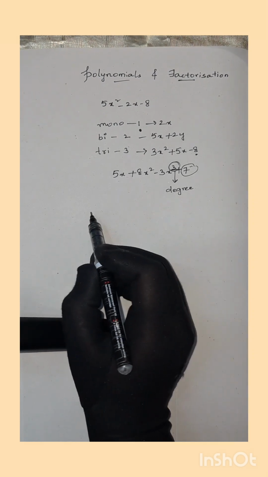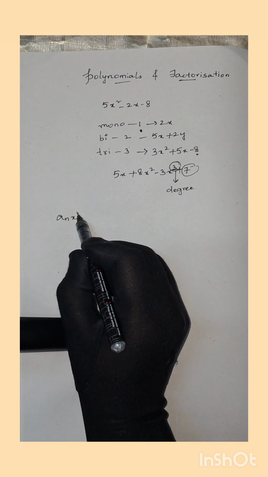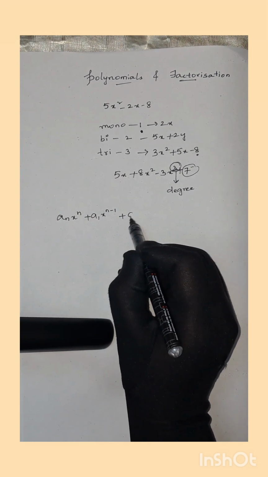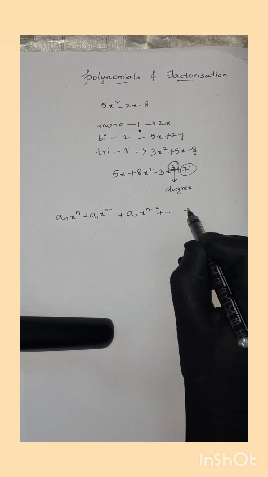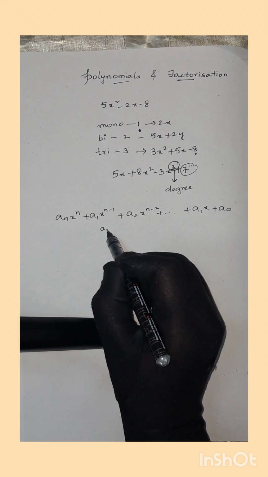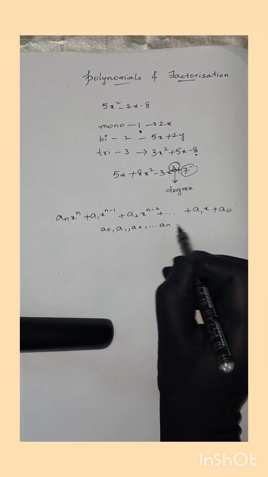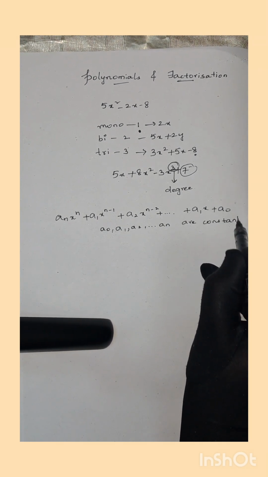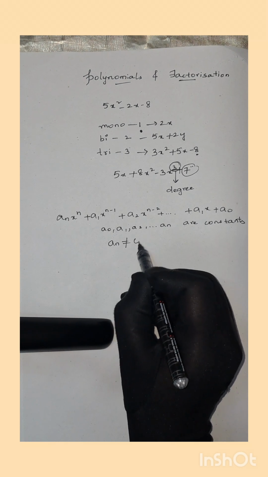This is the general form of a polynomial: an x power n plus a(n-1) x power n minus 1 plus a(n-2) x power n minus 2 plus so on, plus a1 x plus a0, where a0, a1, a2, so on, an are nothing but constants, and an is not equal to 0.